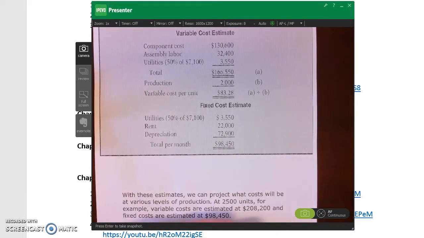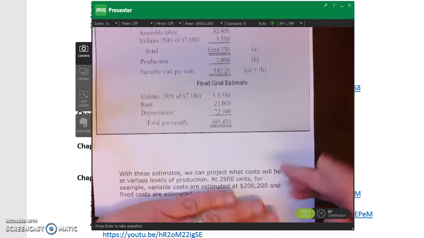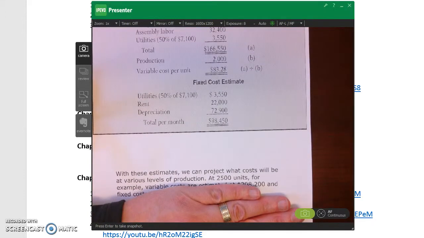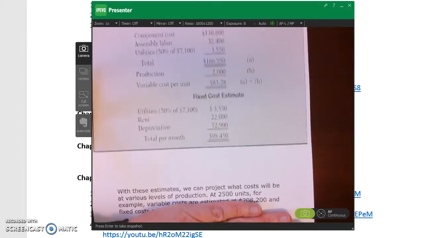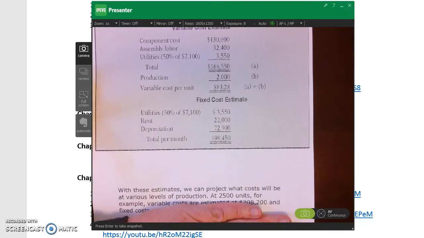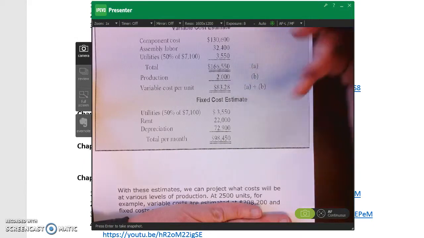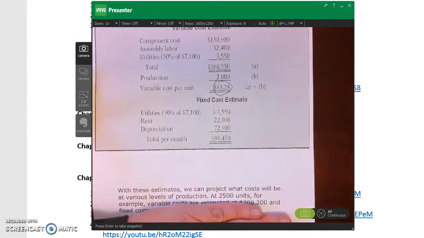Now we want to say, at 2,500 units, what's going to be my total cost? In order to do this, we have to use the assumptions that we know hold true for variable cost per unit and fixed costs in total. We know that variable cost per unit stays the same. So as we move from making 2,000 units to making 2,500 units, this number will stay the same.